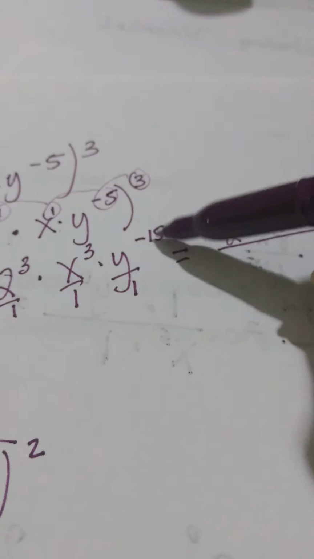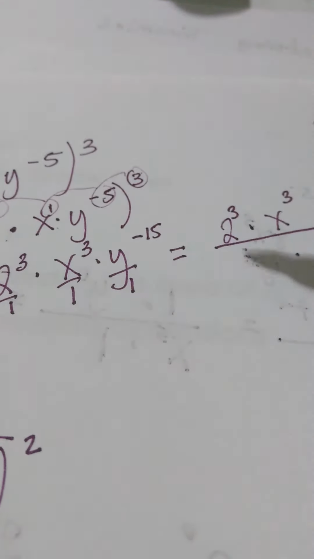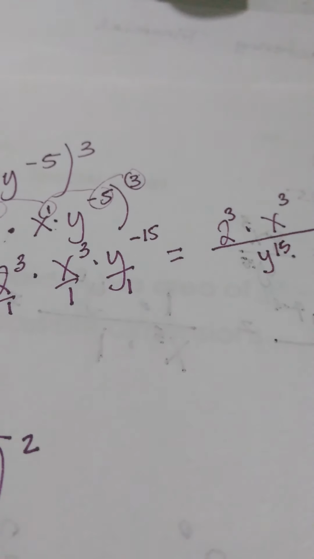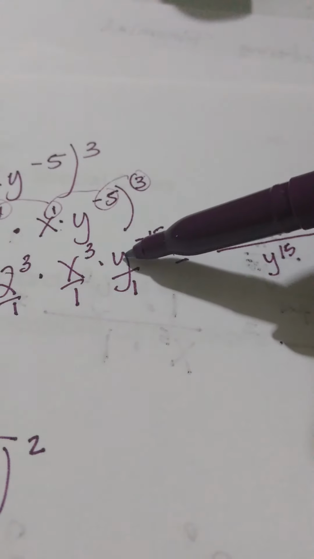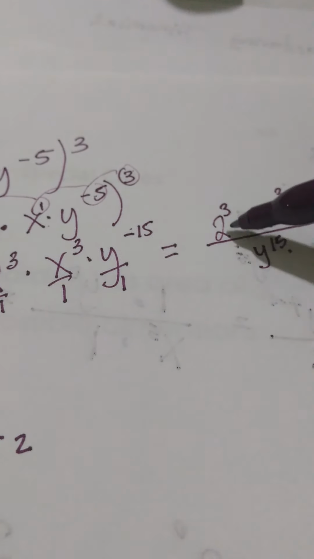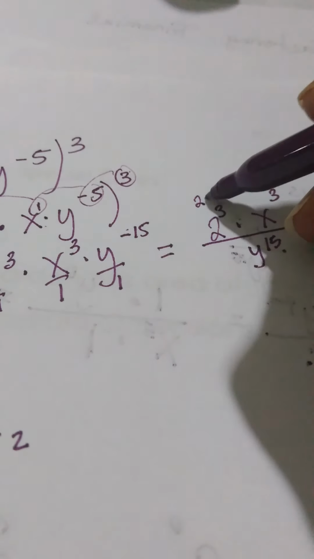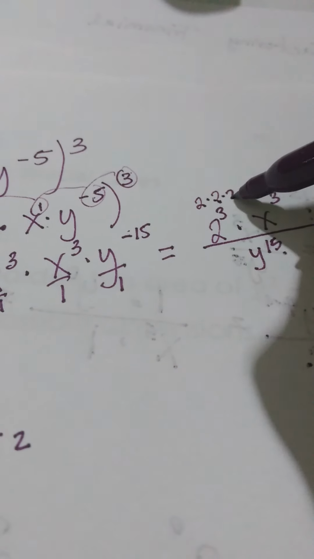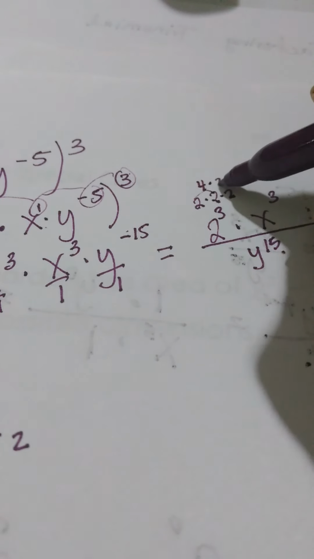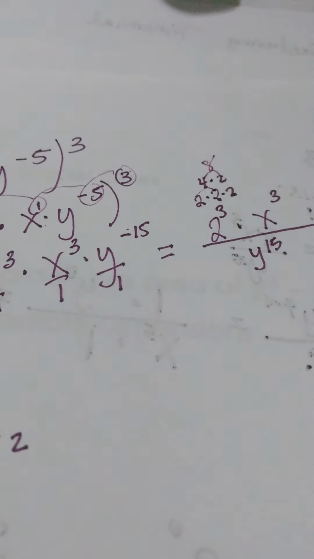However, y to the negative 15, negative 15 tells me that this thing needs to flip. It needs to go down to the bottom. How do I know? It was on top. I have to flip it over. So 2 cubed, well, that means 2 times 2 times 2. So 2 times 2, that is 4 times 2, that is 8.